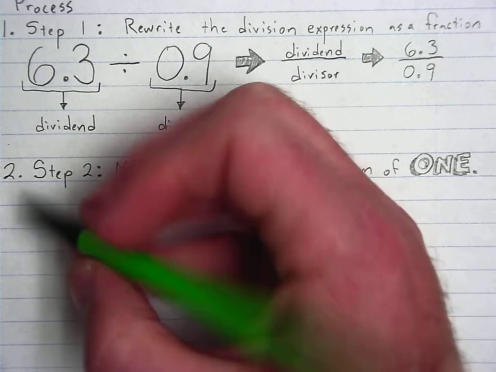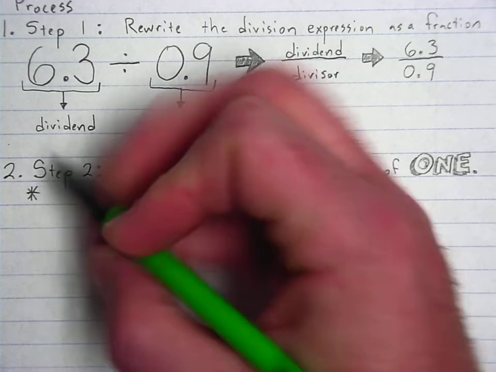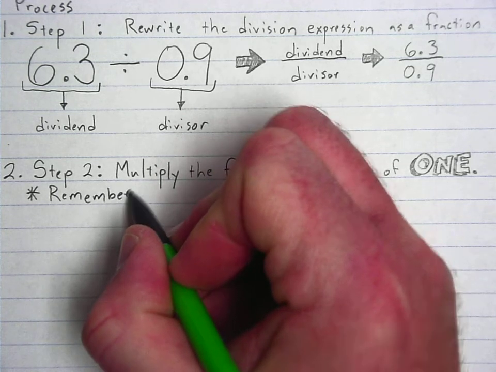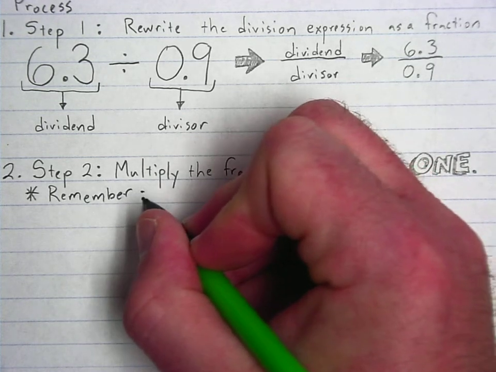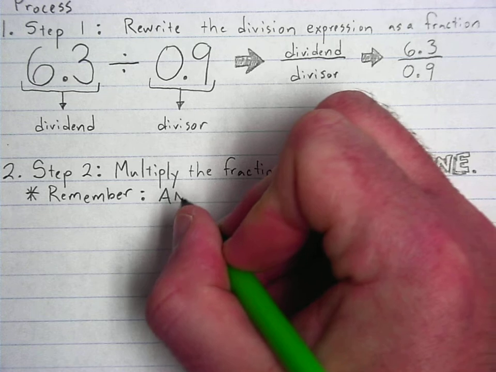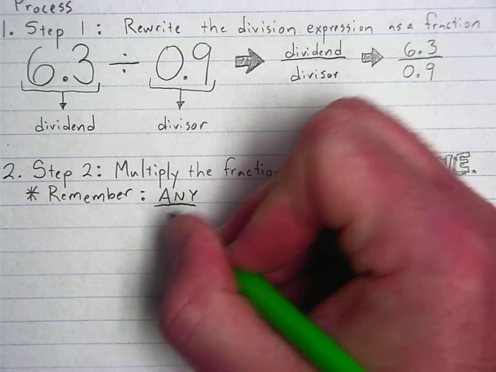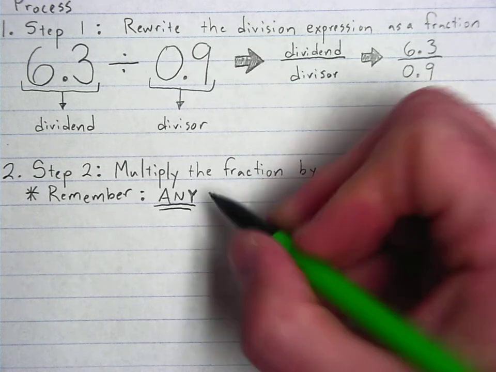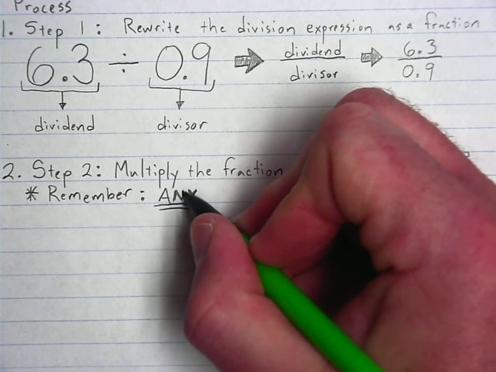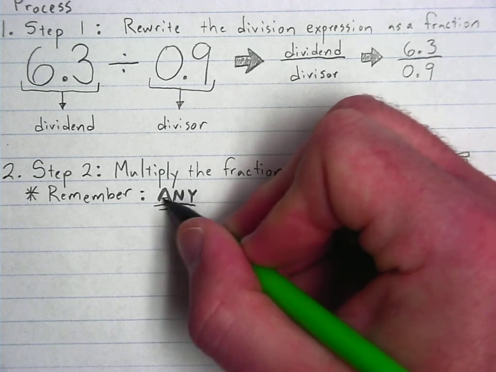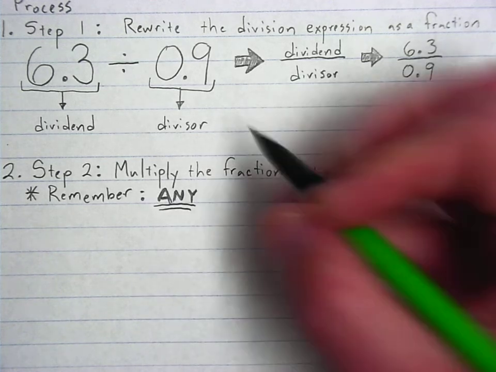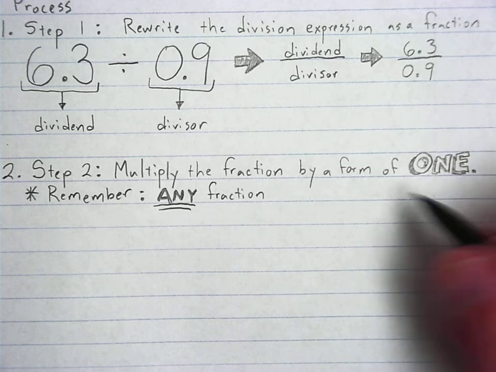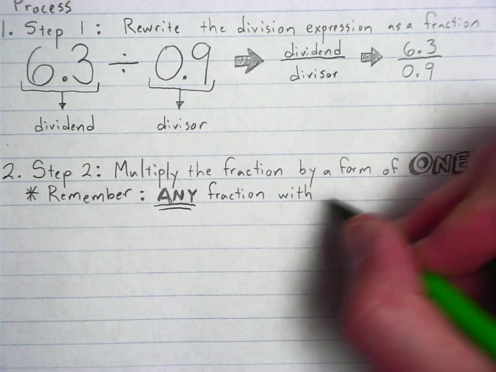Multiply the fraction by a form of 1. And just like I mentioned a moment ago, I'm going to put a little reminder under here. Remember, any fraction. Make that really dark. I want to make sure it's really clear.